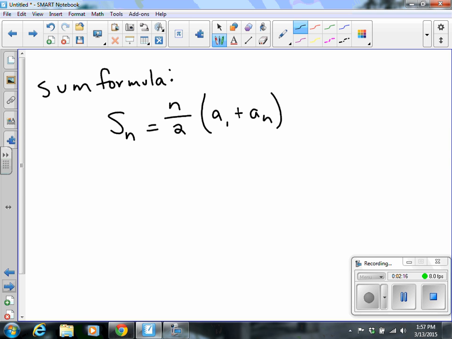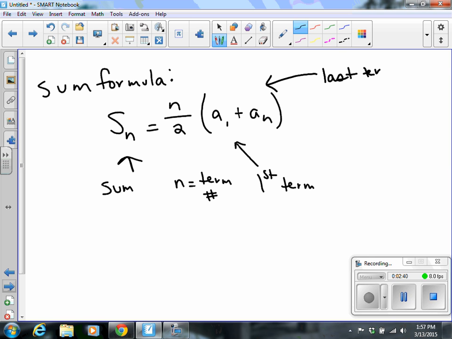So what exactly does that mean? This is my sum. n represents the term number. a1 we know is our first term. And an is our last term in our sequence.